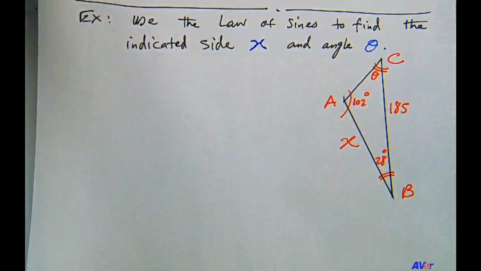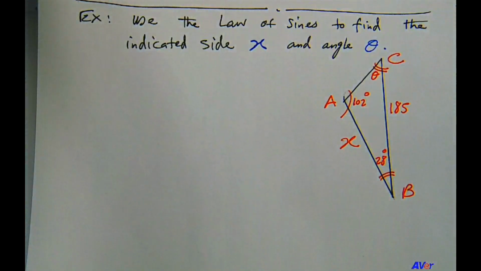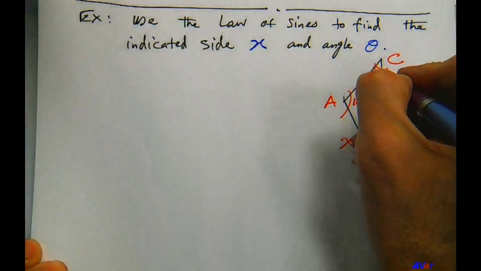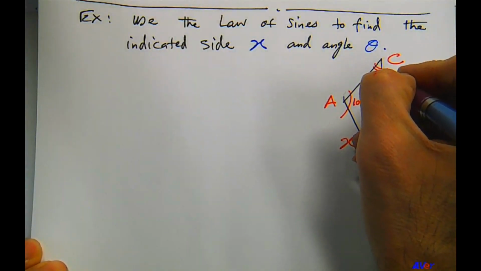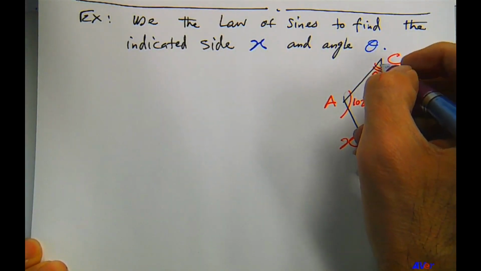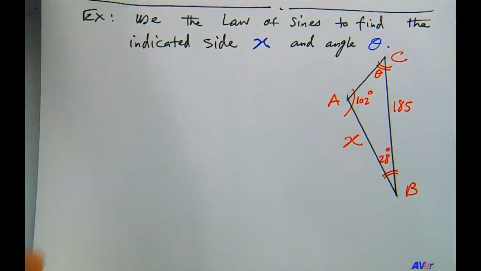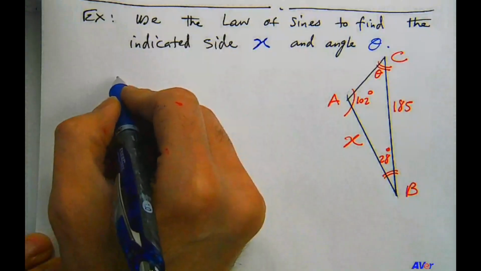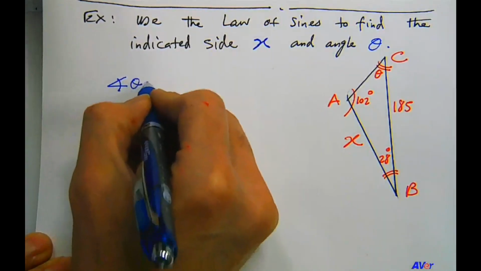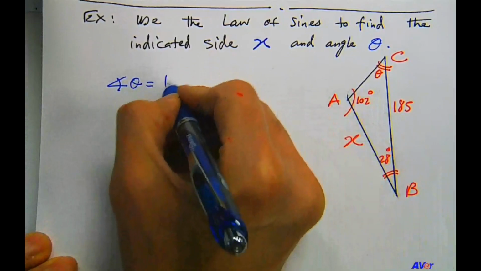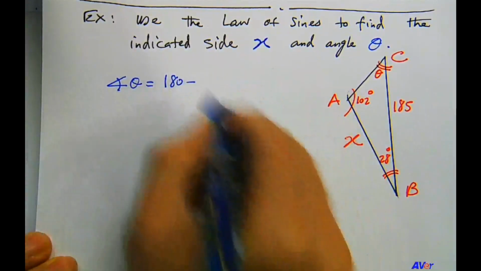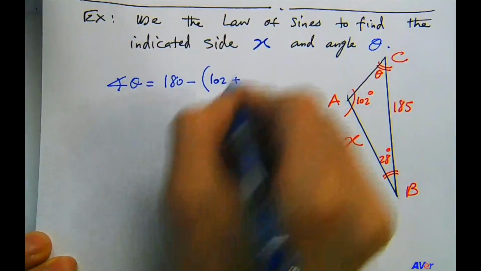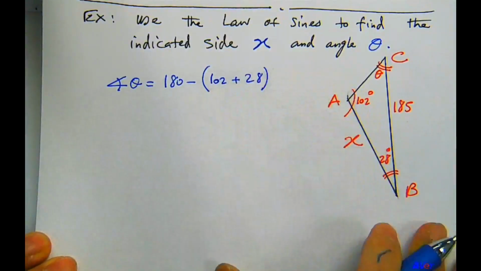I'll leave it alone. So the angle theta would be equal to 180 minus those two angles added. So 102 plus 28.